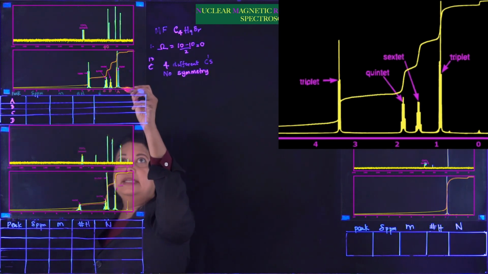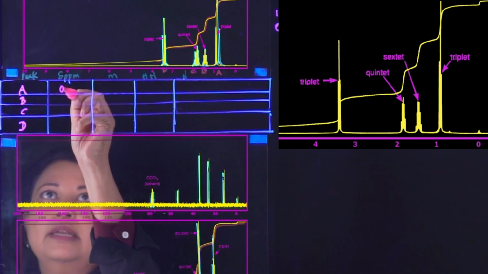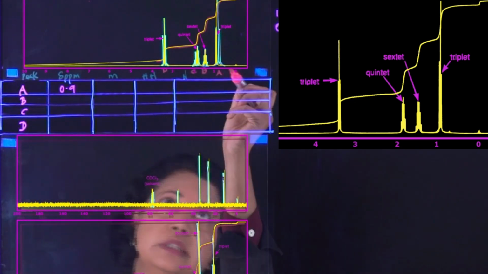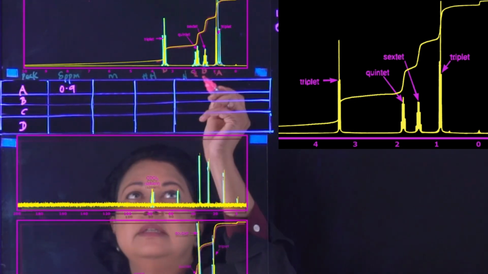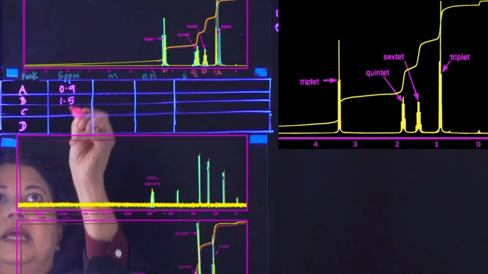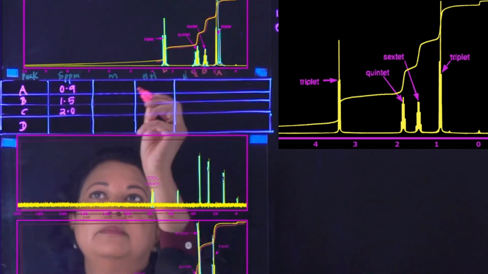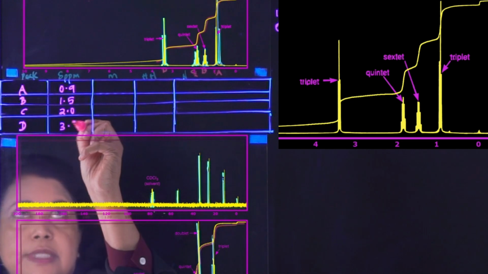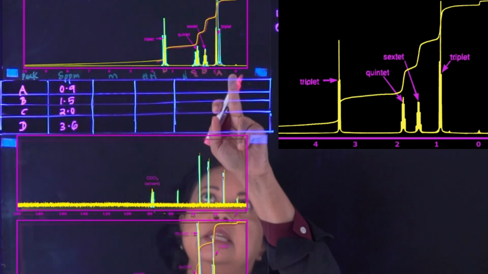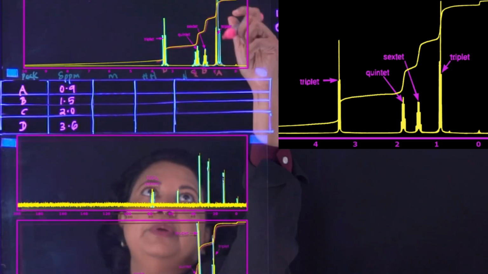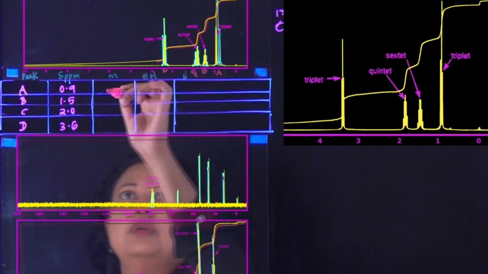All right, so A delta is about 0.9 ppm. We're just being a little approximate here. This is about 1.5 ppm. This is 2.0, and this is about 3.6 ppm. Let's look at the multiplicity. This is a beautiful 1, 2, 3 triplet.